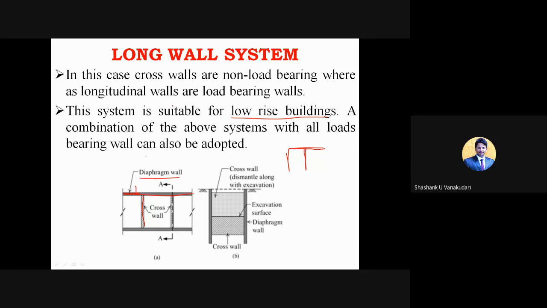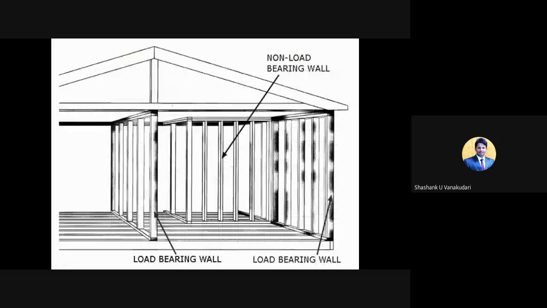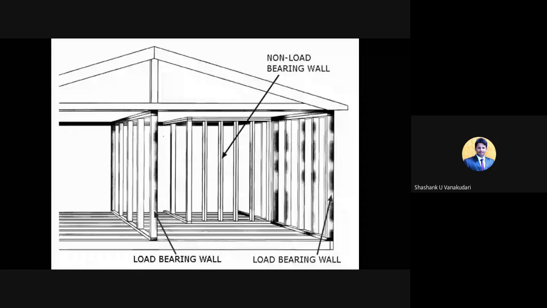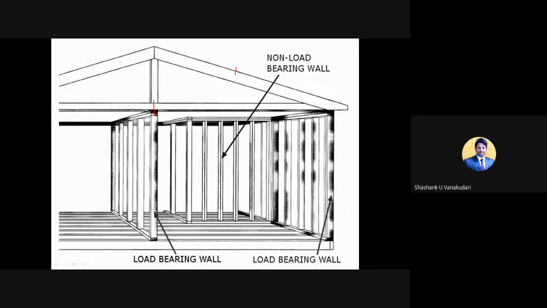And here you can see the difference between the load bearing walls and the non-load bearing walls. Basically these load bearing walls take certain loads from the top structures, like this roofing system with the principal rafters here, and the load which comes from the top structures is transferred to the walls, which are considered load bearing walls.